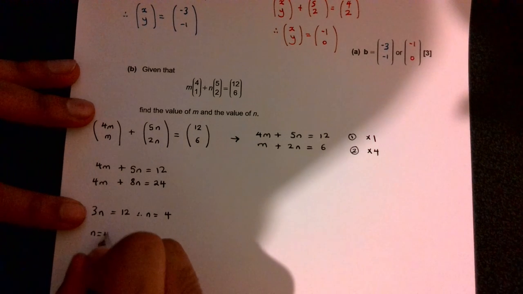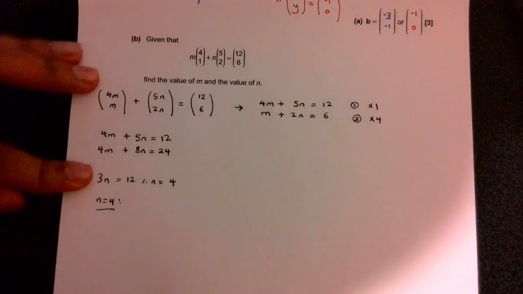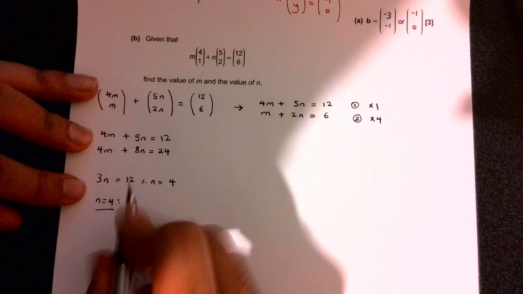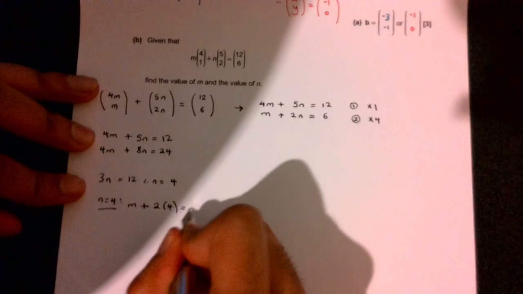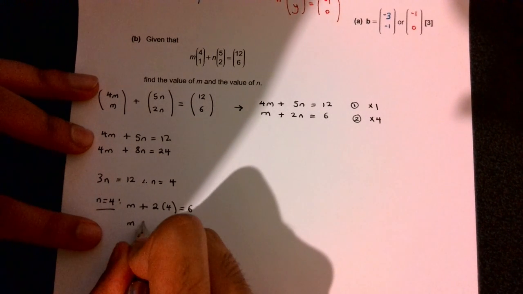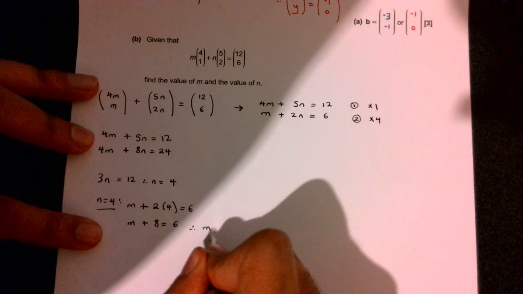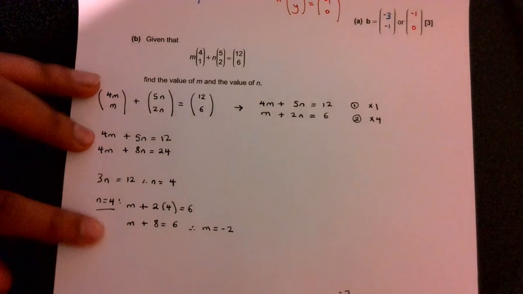Substituting this in, m plus 2 lots of 4 equals 6, m plus 8 equals 6, m is equal to minus 2. So we have m equals -2 and n equals 4 as our solution.